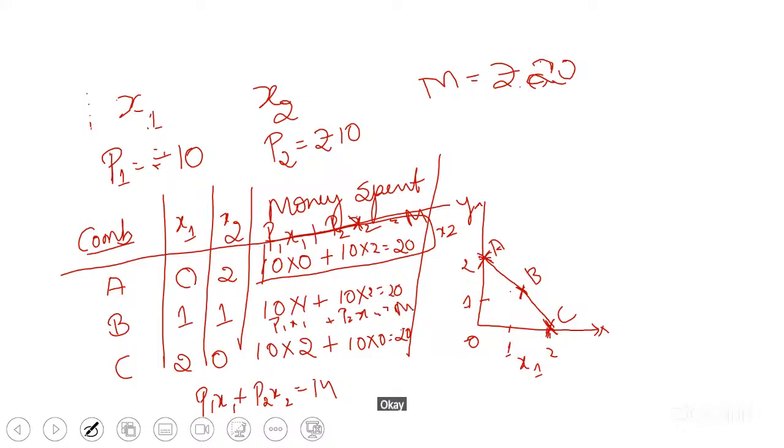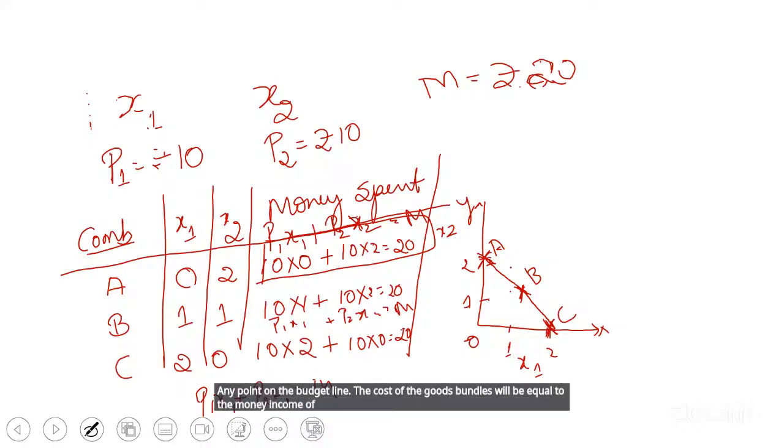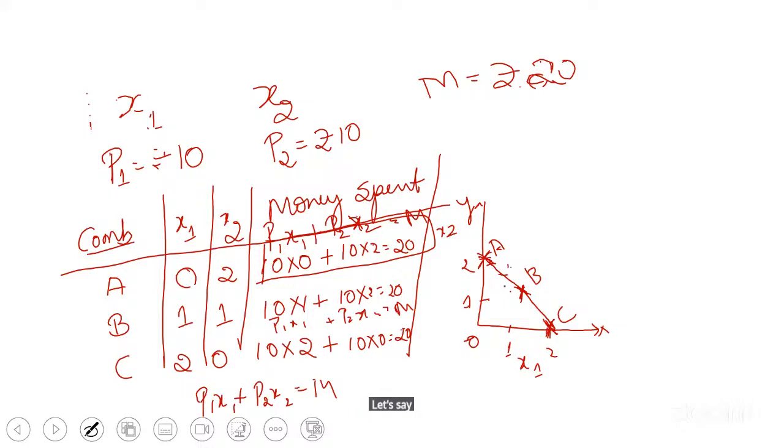So the budget line says that at any point on the budget line, the cost of the goods bundle will be equal to the money income of the consumer. Let's say that there are two more combinations, D and E, all would cost rupees 20.